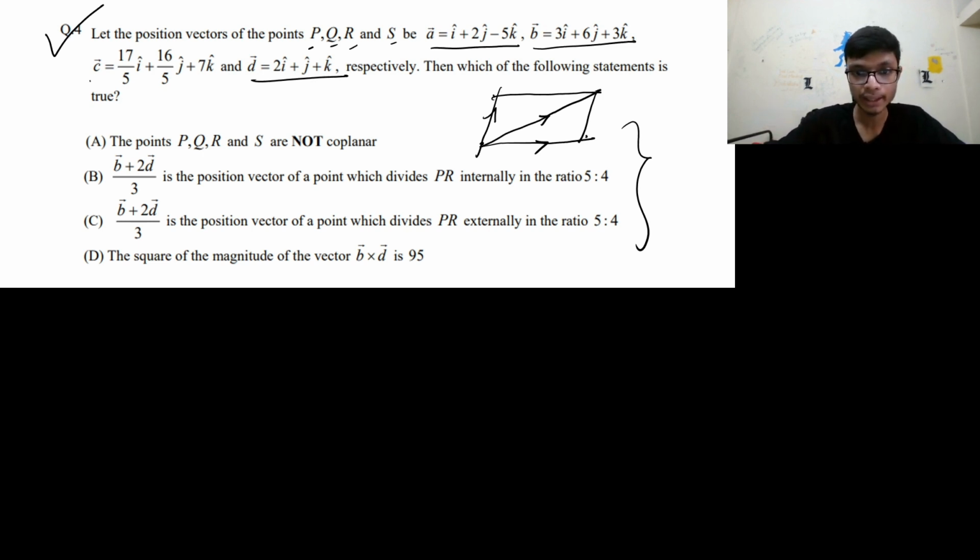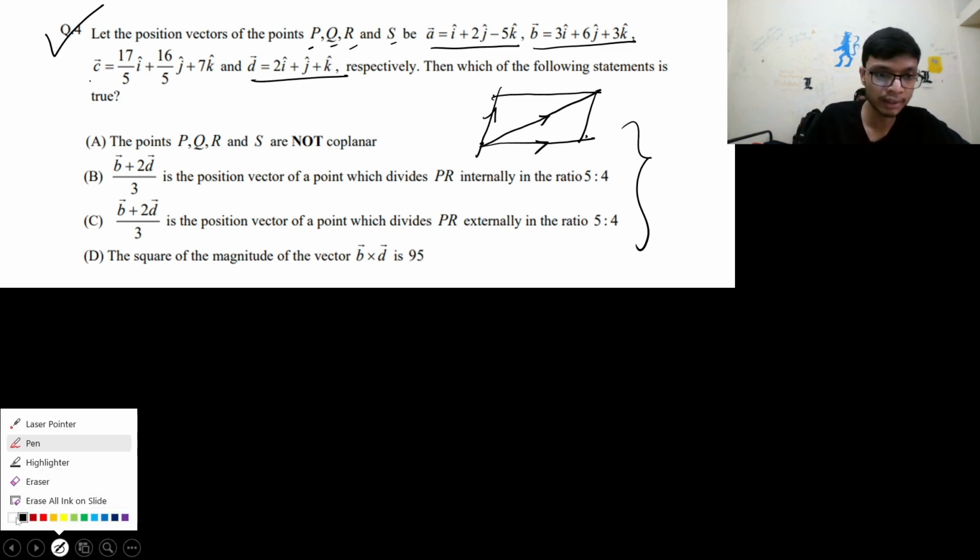For the coplanarity condition, we can check by simply taking the scalar triple product and equating it to 0. If it is equal to 0, then they are coplanar, and if it is not equal to 0, then they are not coplanar. So this is simply a lengthy problem, nothing to do with deep understanding.